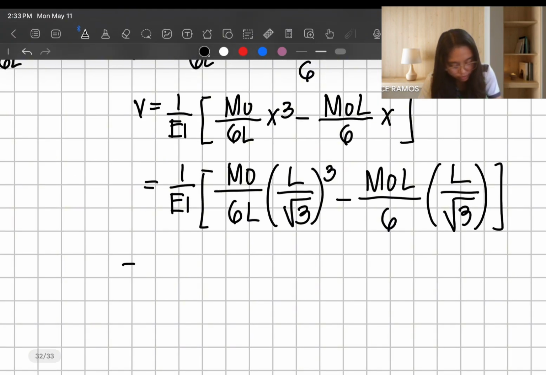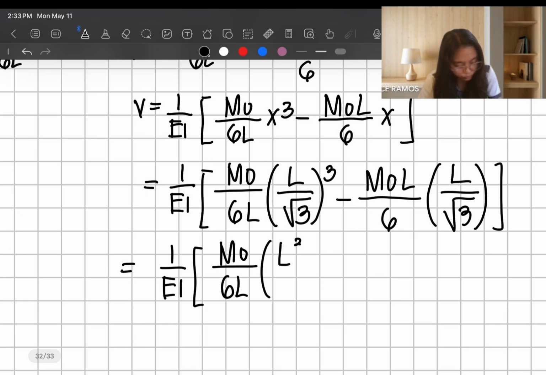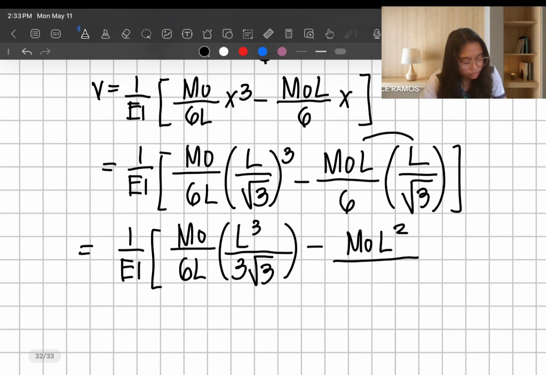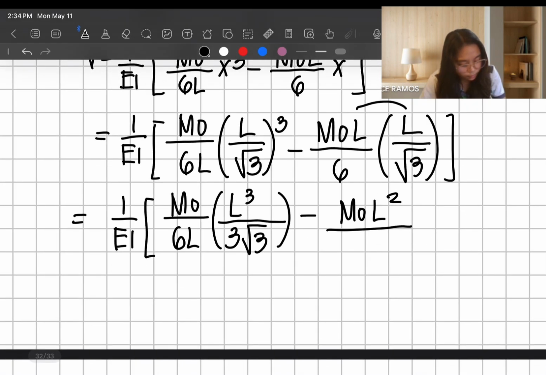So, simplify. This will become L cubed over 3 square root of 3 minus, if we multiply this 2, we will get moment times the length squared over 6 square root of 3.